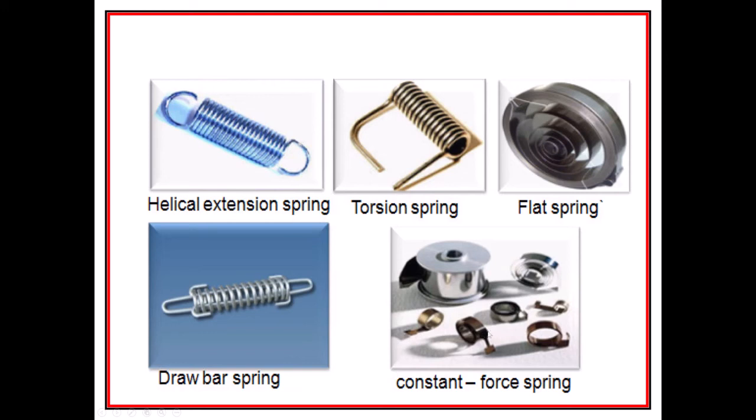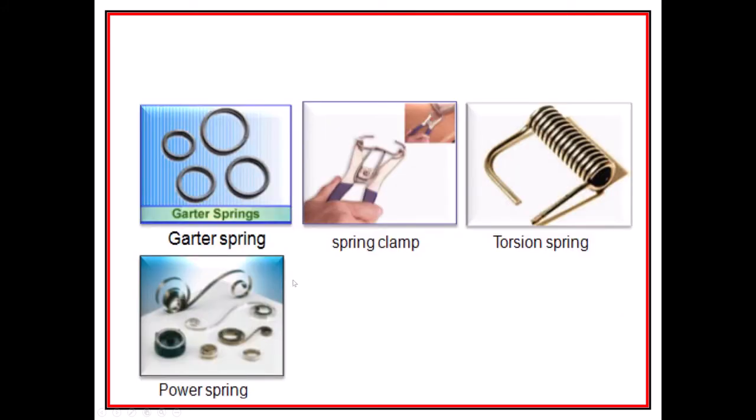And there's a constant force spring, and I've never had one of these, but it's an interesting idea, because usually we have a slope and the force increases with the amount of deflection, but apparently somehow you're able to have a constant force spring. And just various other types.